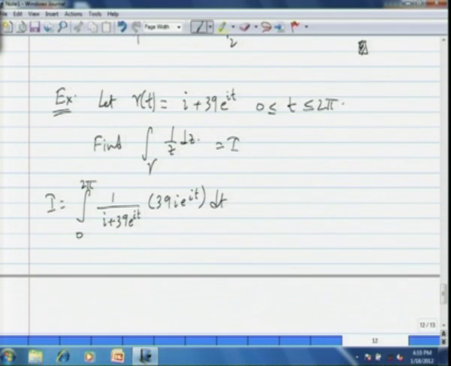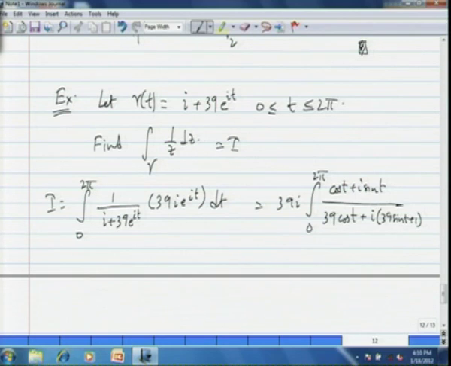So, 1 by z dz. And you see that this integral is not easy to tackle. You have 0 to 2 pi of cosine t plus i sin t divided by 39 cosine t plus i times 39 sin t plus 1 dt.